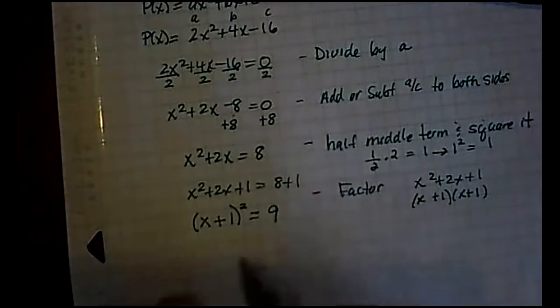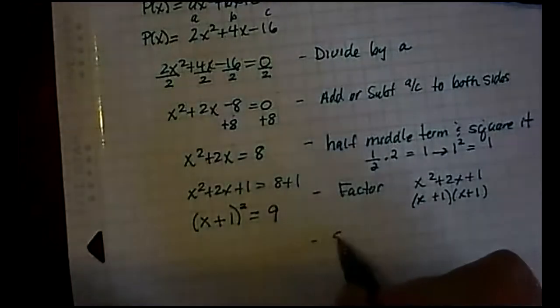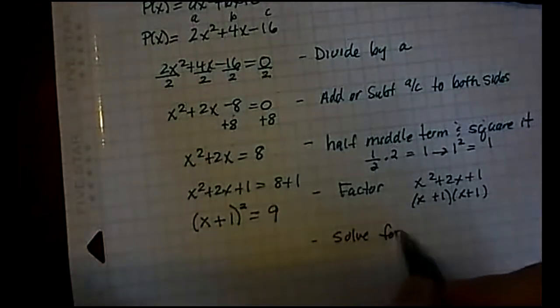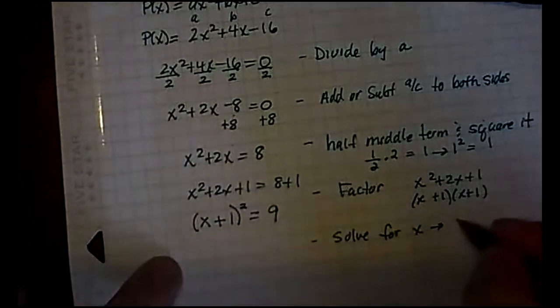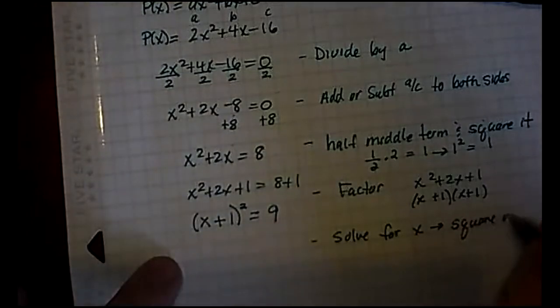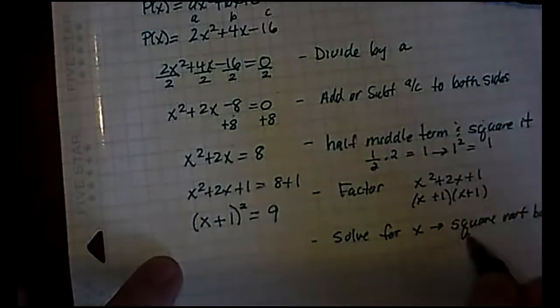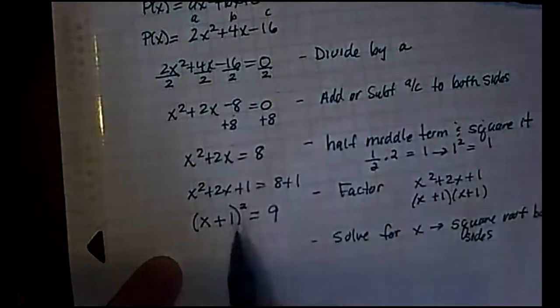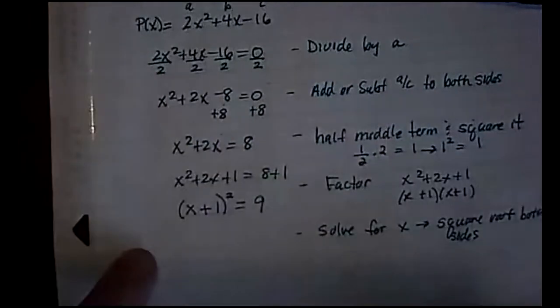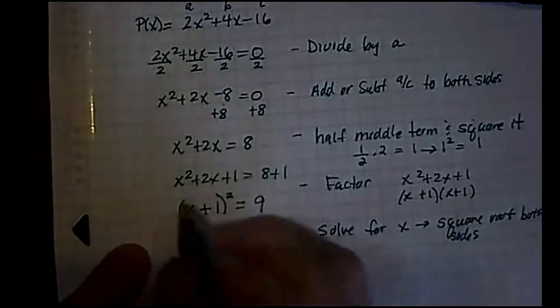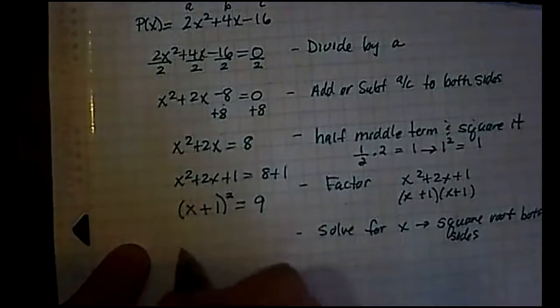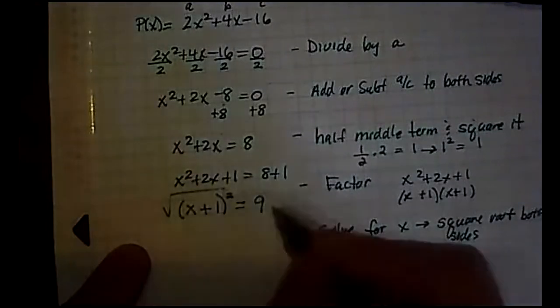All right, then our next step, now we're going to solve for x. We want to begin by square rooting both sides, because how we undo a square is we square root. So I'm going to square root this, and I'm going to square root this.